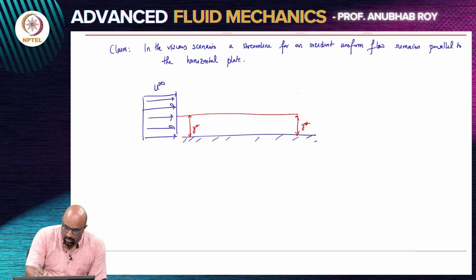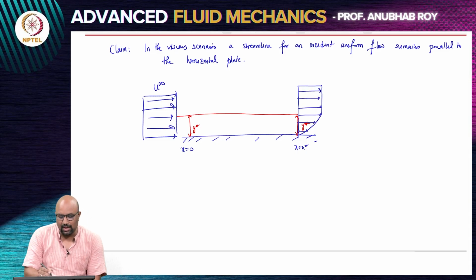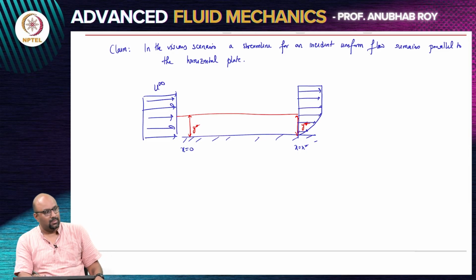Now, we know that the velocity field, so let us say this is x equals 0, this is x equals x star. The velocity at a point further downstream is a different velocity profile. It has gotten slowed down.